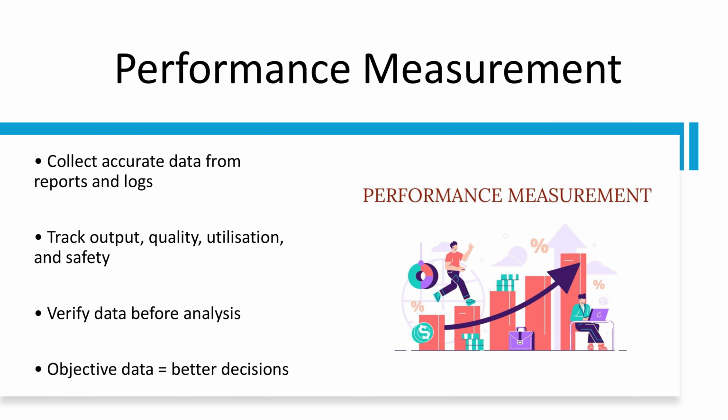This data allows me to track not only output, but also efficiency, accuracy, and consistency. Data integrity is crucial. Inaccurate records lead to poor decisions. That's why I verify all data before analysis, cross-checking reports against machine readings or operator notes.